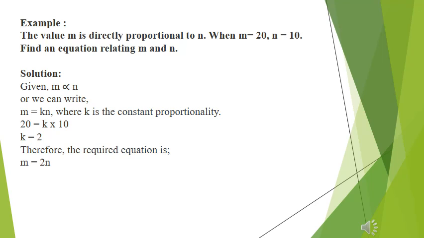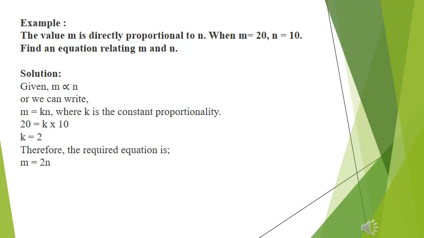Students, now see one solved example based on direct proportion. Here we have two variables m and n, and we have to show the relation between m and n. Let's see the solution. Here m is directly proportional to n, so we write m = k × n, where k is the constant of proportionality.